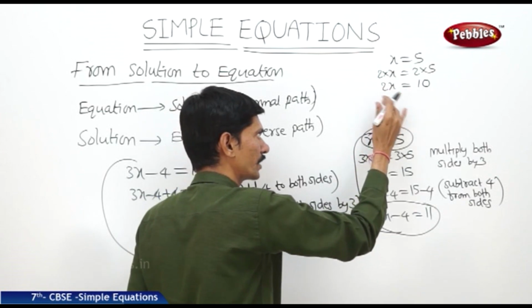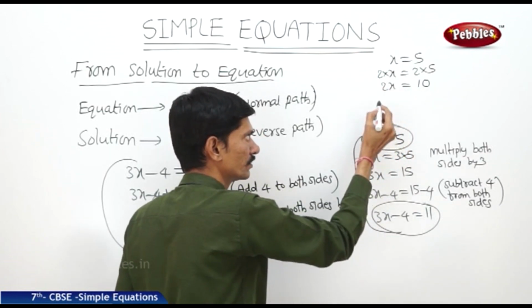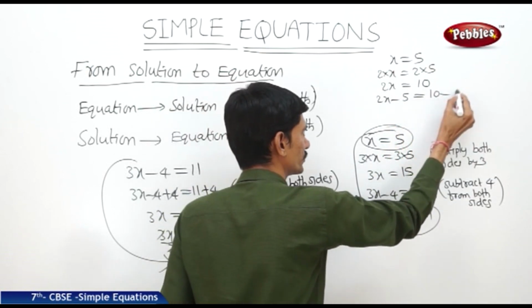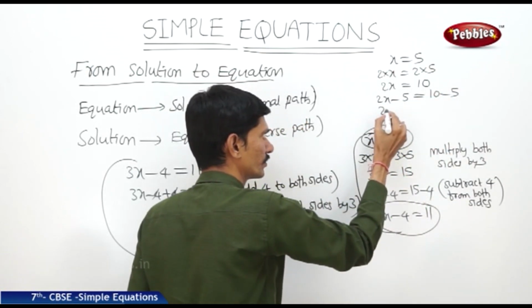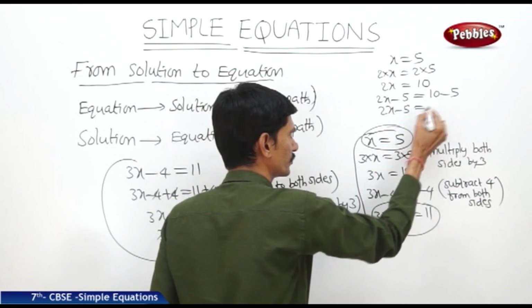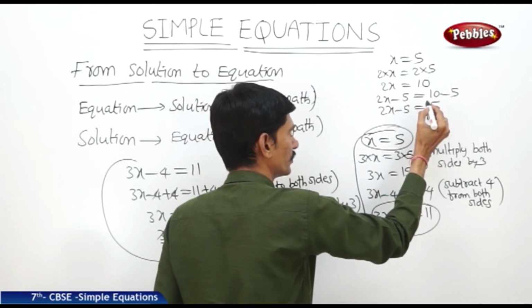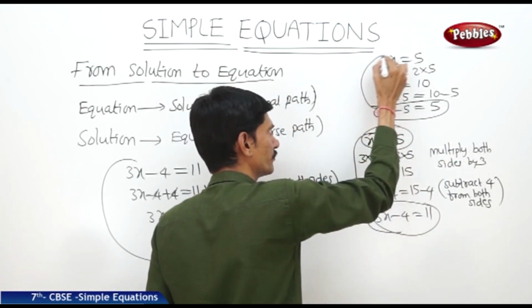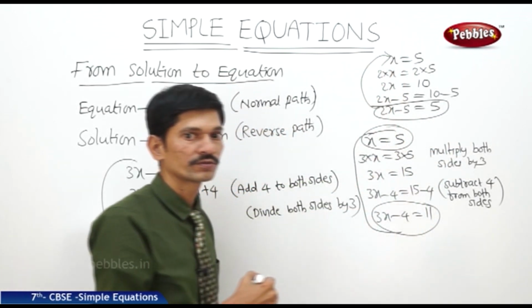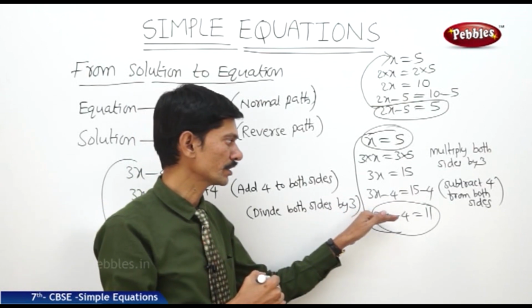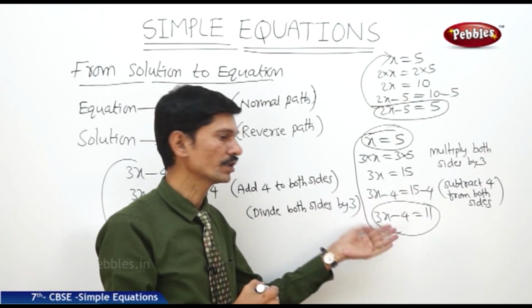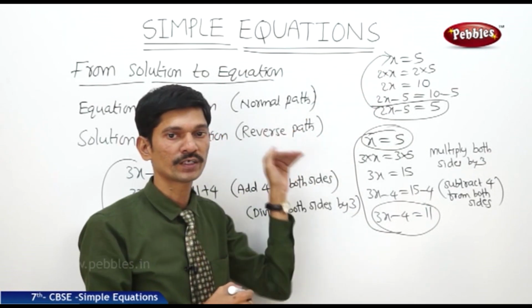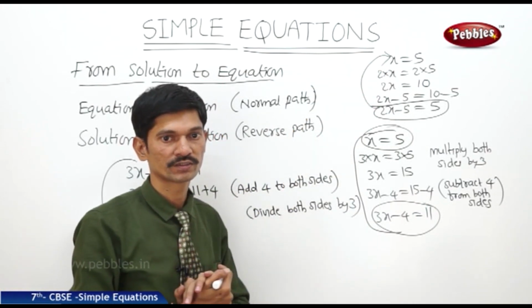And when you subtract 5 from both sides, we get 2x minus 5 equals 10 minus 5, which is 5. So this is another equation with the same solution. So one simple equation has only one solution, but one solution may have different simple equations.